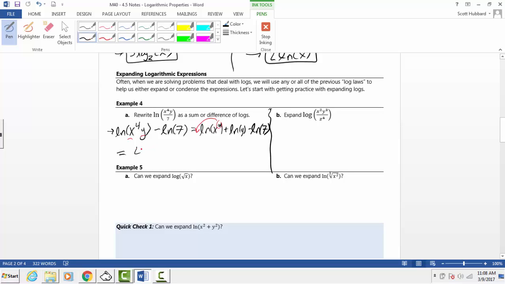And so my final answer is going to be 4 ln x plus ln y minus ln 7. And you can always keep count because I had how many terms on the top? I had 2 terms on the top and I had 1 term on the bottom. So I should have 2 positive terms. I should have 1 negative term.